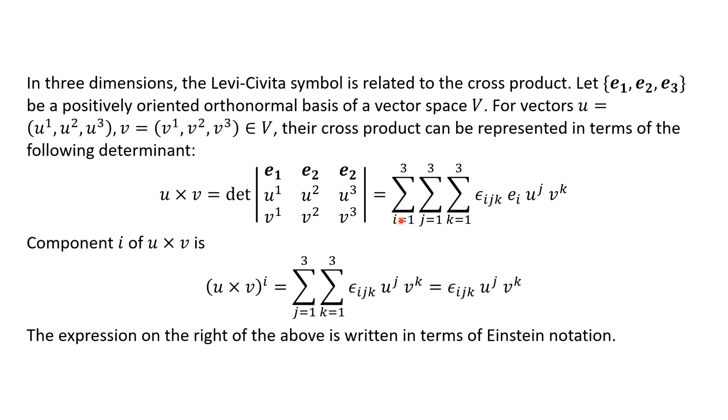We've fixed the value of i, so this sum goes away. We're just looking for one element, and then that, in terms of Einstein notation, can be written this way here. This implies this double summation, where j and k are the 2 summation indices.